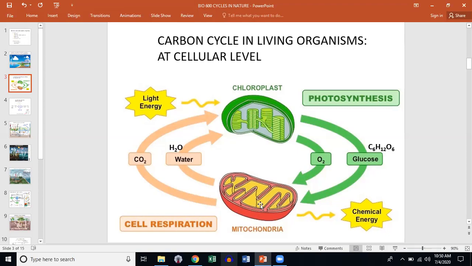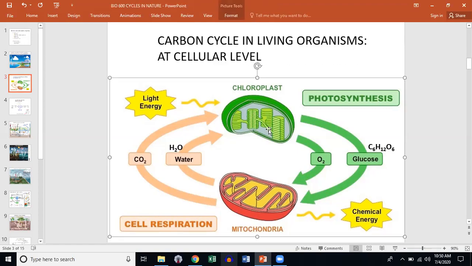And the mitochondria are the ones that do the cellular respiration. This is at the level of the cell, all right? So these organelles, they're called organelles because they're equivalent to organs inside the cell, all right? Just like organs in the body have particular functions, organelles inside the cell also have particular functions.